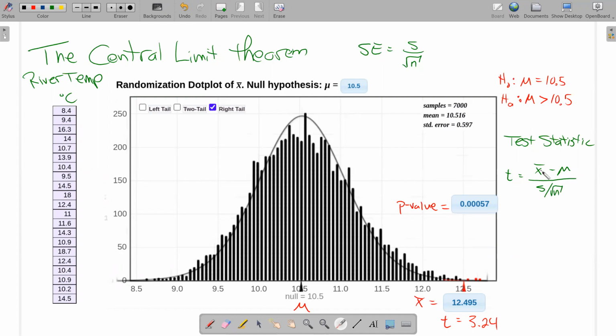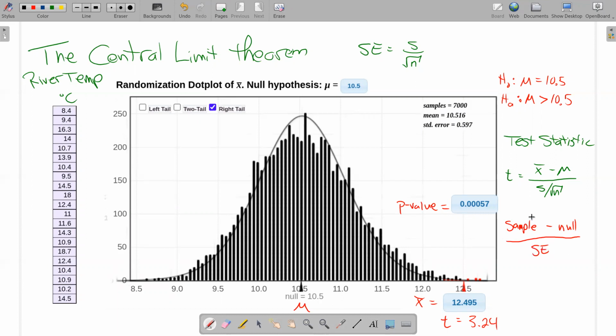And what this form is, in more plain language, is you take whatever your sample statistic is, and you subtract whatever the null value is. And then you divide that by the standard error.